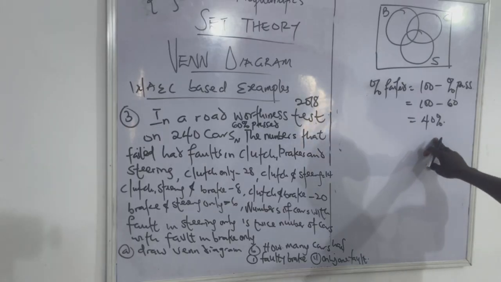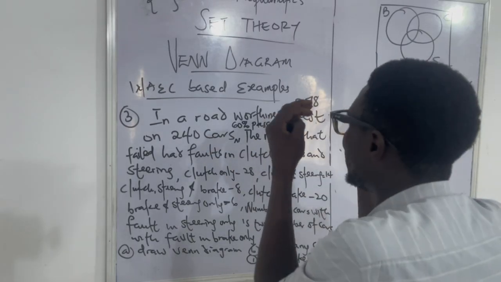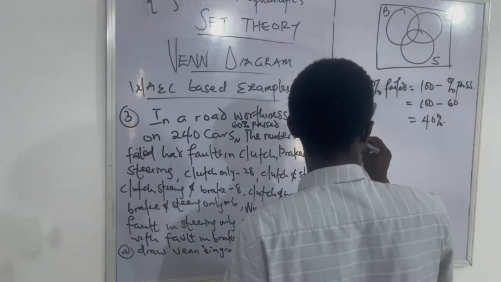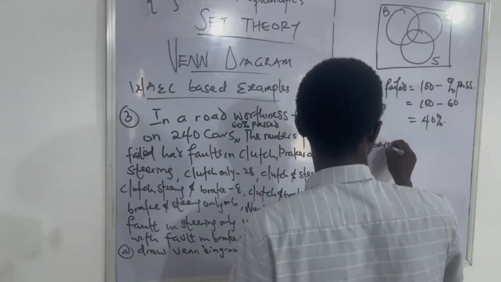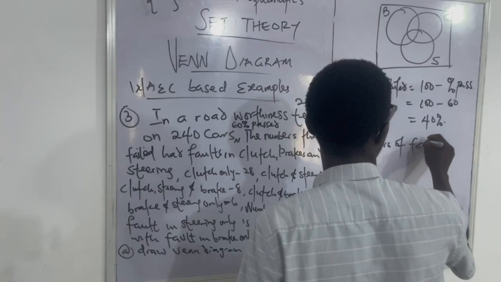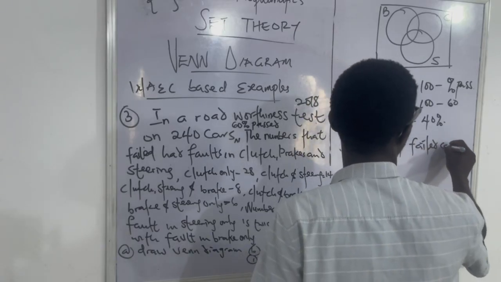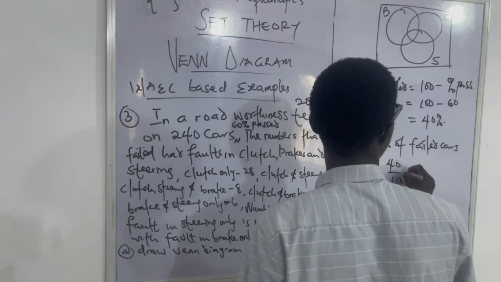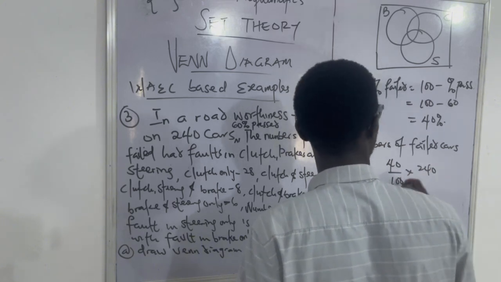If 40% failed, what is the number of cars that failed? The number of failed cars will be 40 over 100 times 240.